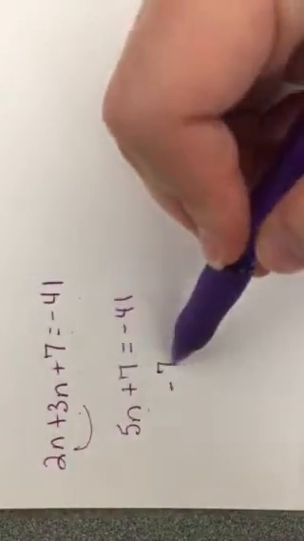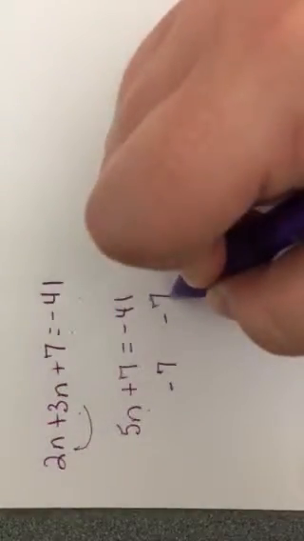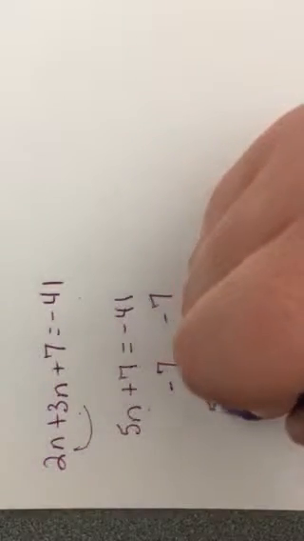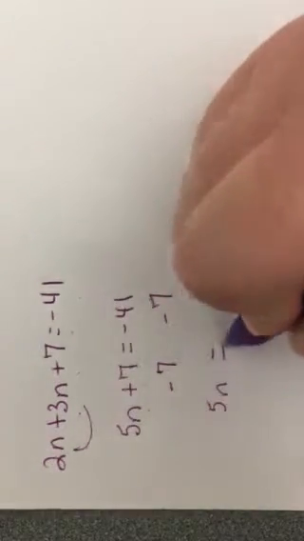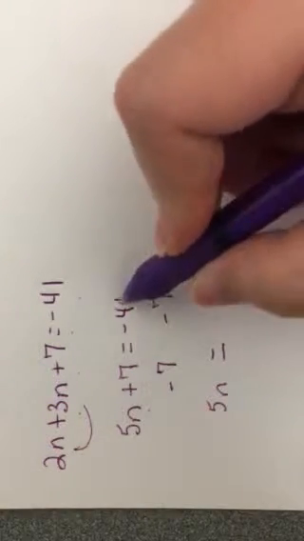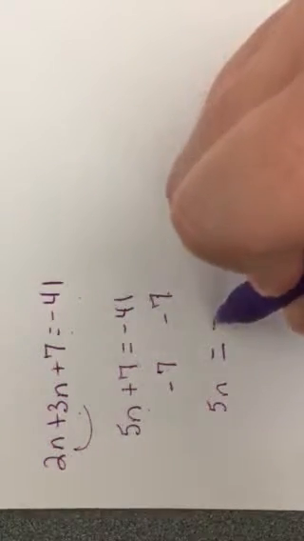You always want to keep equations balanced. So we subtract 7 here, subtract 7 here. Again, this equals 0, so I'm left with 5n equals, and negative 41 minus 7, since both of them are negative, your solution is going to be negative 48.